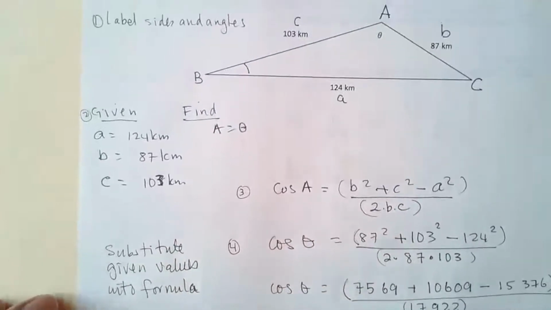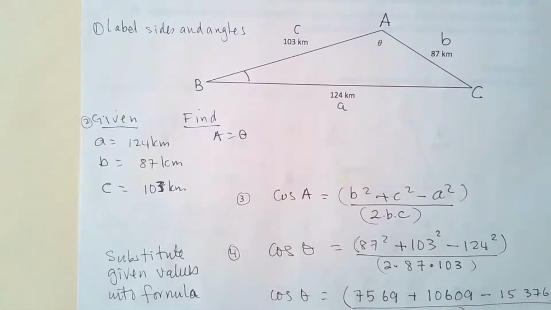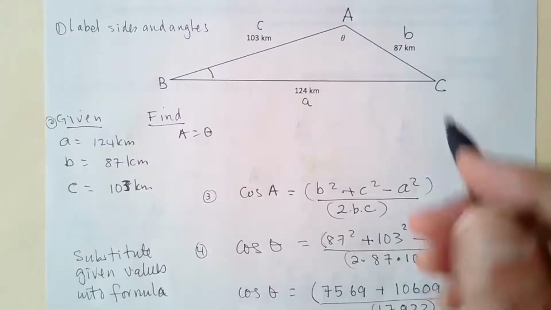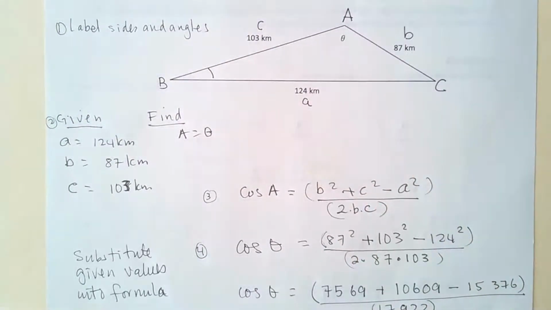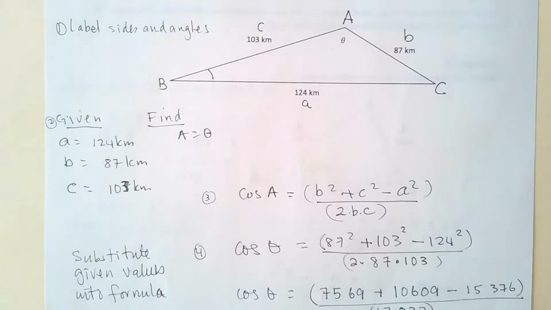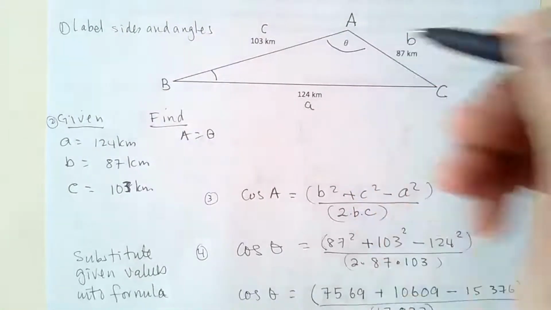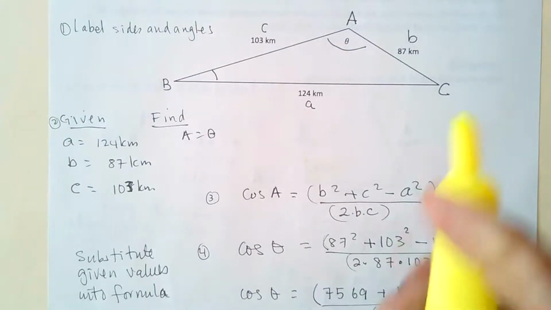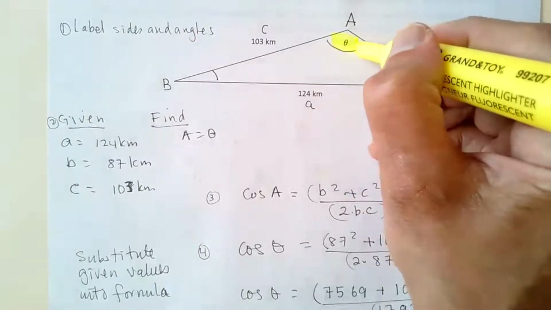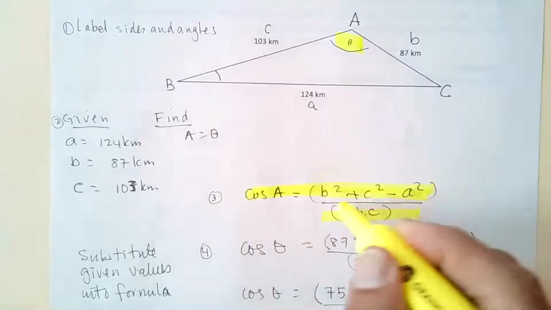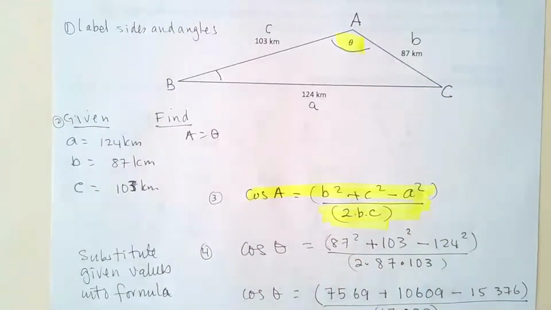Recap: whenever you're given 3 sides of an oblique triangle and you're asked to find the missing angle, we use the cosine rule for finding angles.